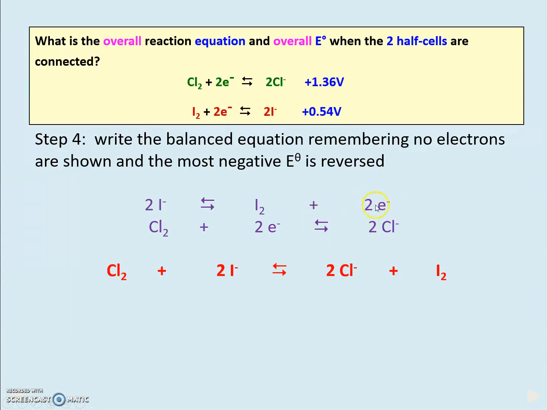Obviously, if we had an uneven number of electrons in two cells, then we would have to multiply one or both of the equations up to get the correct number of electrons so they could cancel out.